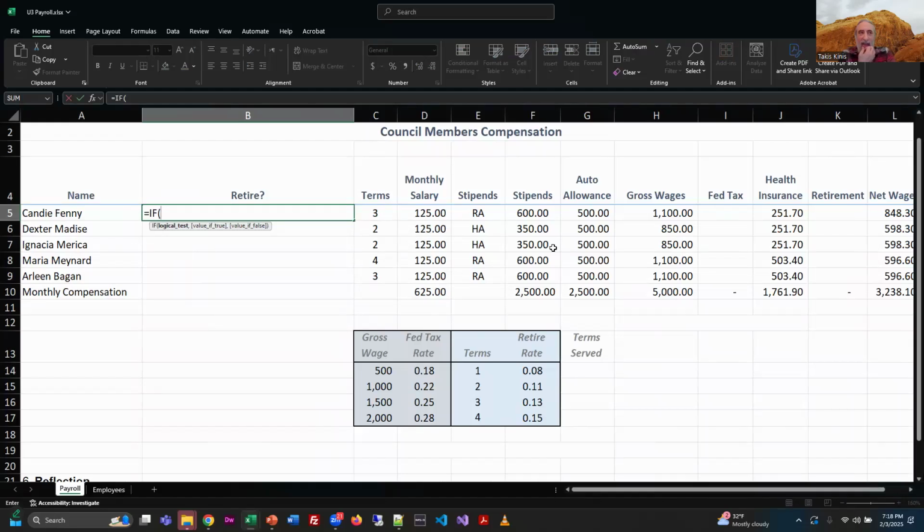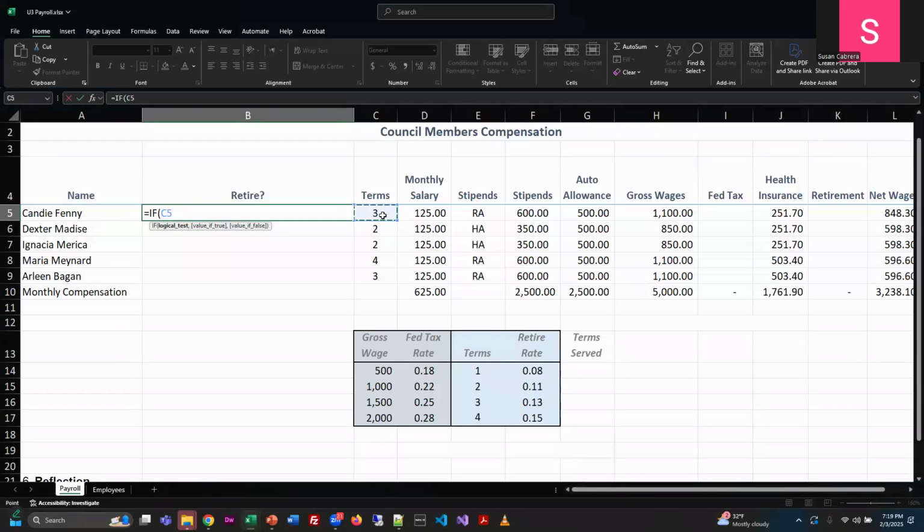What's our logical test? If the terms... so what would indicate that they're ready to retire? The terms equals 4. We've got to talk about this for a second, because that would be my first instinct, to say if terms equals 4, they're ready to retire. Or should I say greater than or equal to 4? Does anybody have an argument one way or the other?